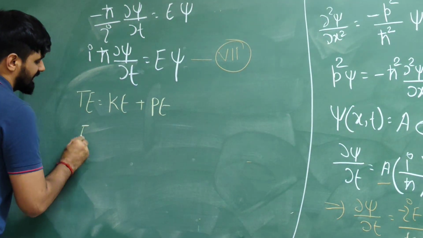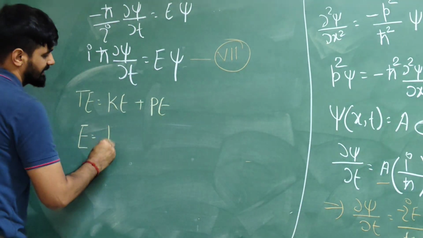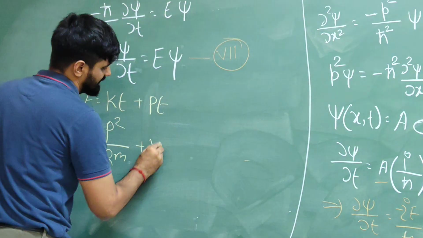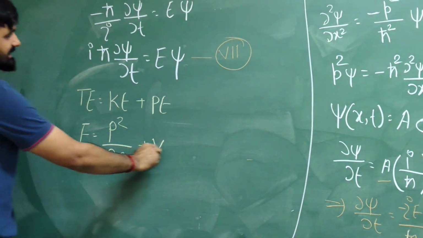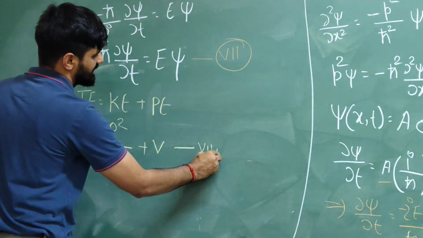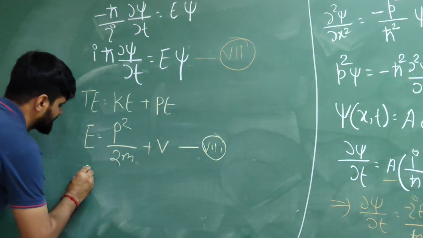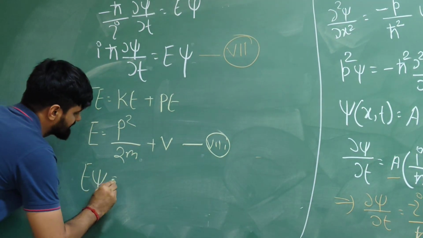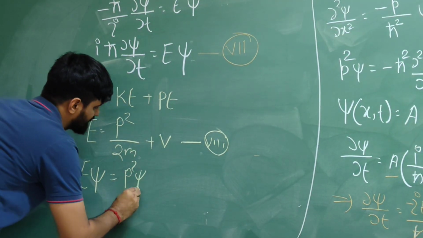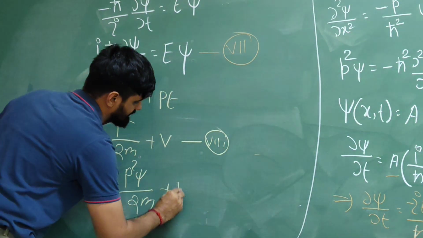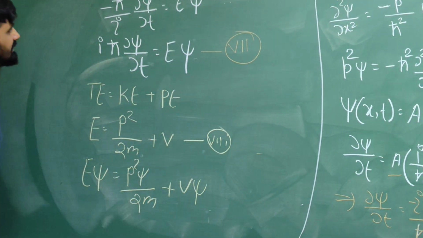So total energy I write as E, that will be kinetic energy, which can be written as P squared divided by 2m, plus potential energy V. So let's say this is my equation 8. If I multiply equation 8 with psi, it will give you the value E psi, that is equal to P square psi divided by 2m plus V psi. Is that clear?